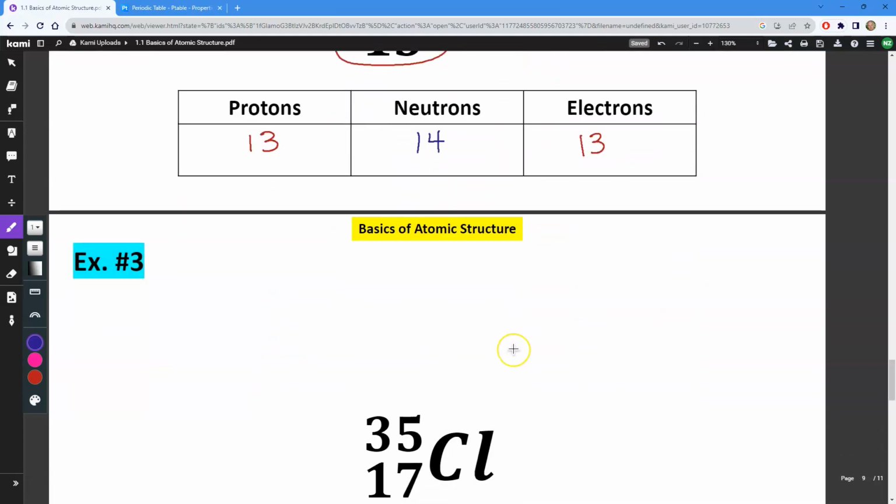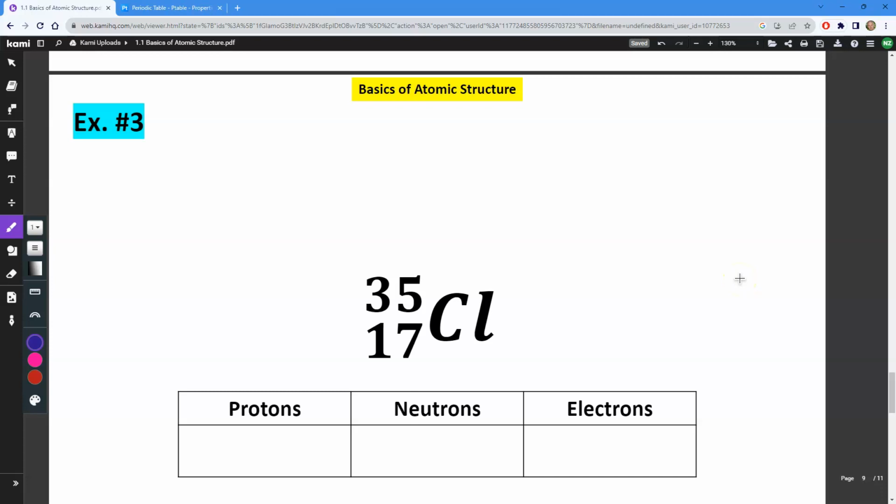All right, let's take a look at another one here. This time we have chlorine. Chlorine is number 17 on the periodic table. I don't see a charge, so the number of protons is going to equal the number of electrons. And our mass, 35, is equal to protons plus neutrons.